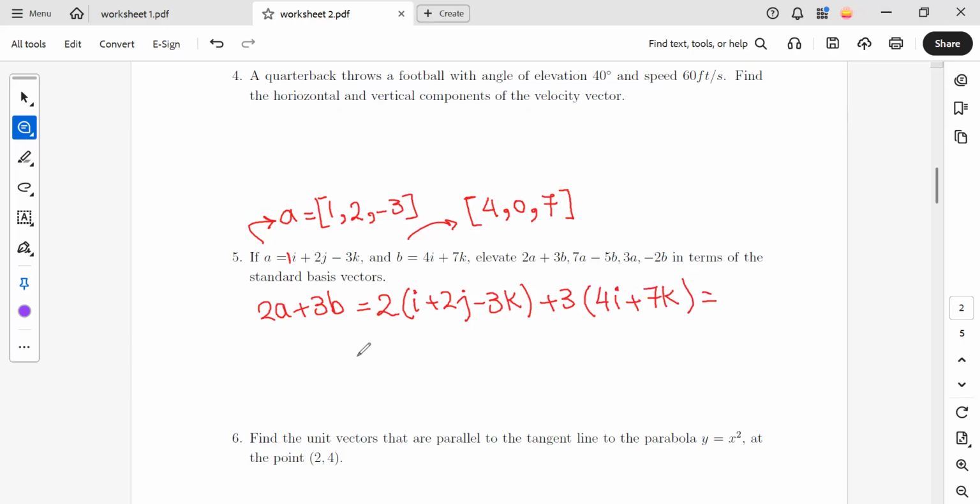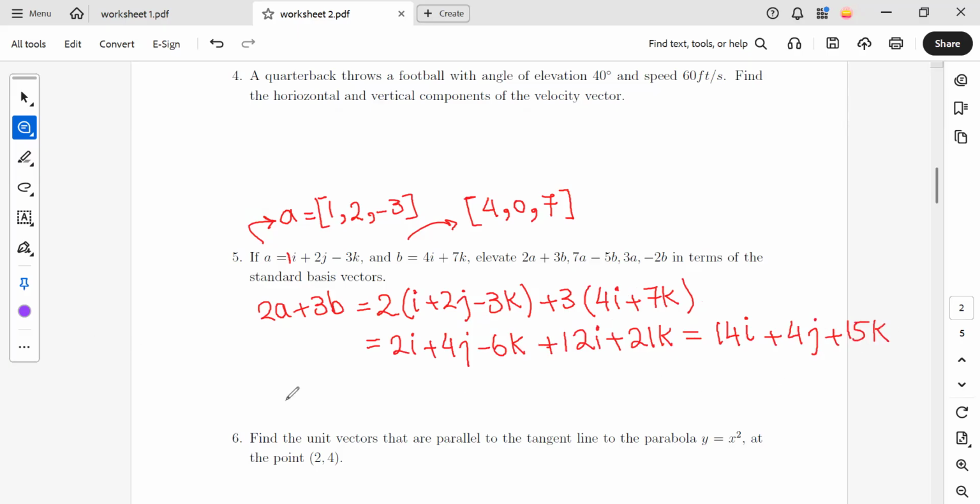You would multiply them together. You would have 2i plus 4j minus 6k. And this one, if you multiply 3, you get 12i plus 21k. Altogether, you would have 14i plus 4j plus 15k.